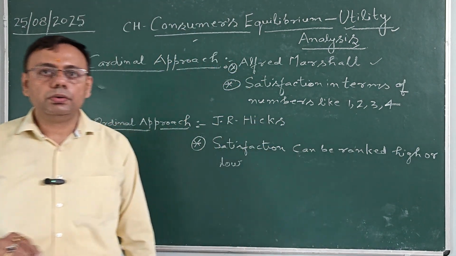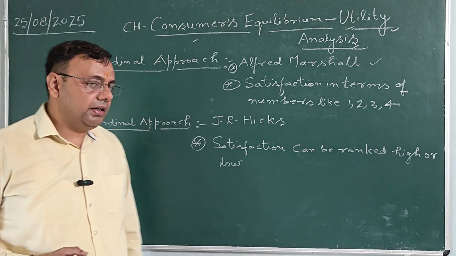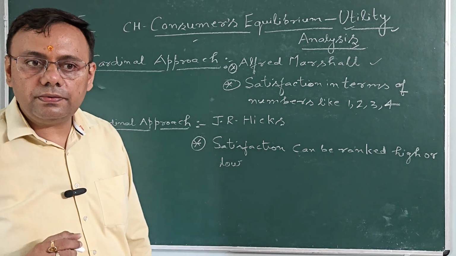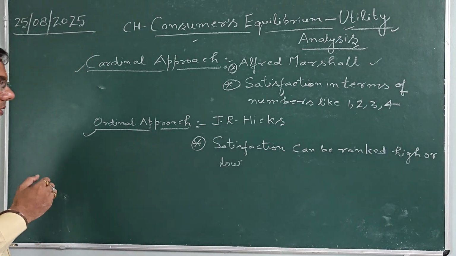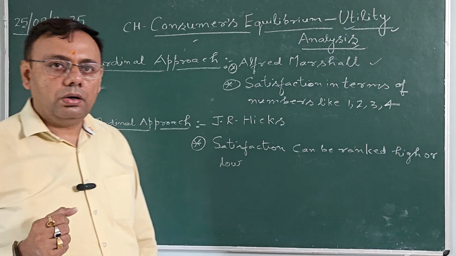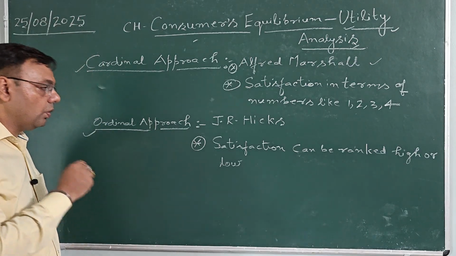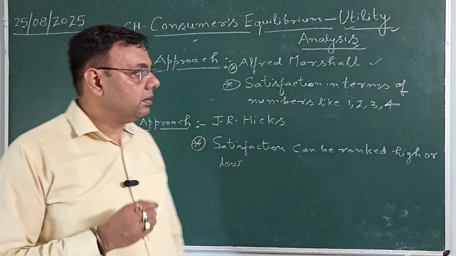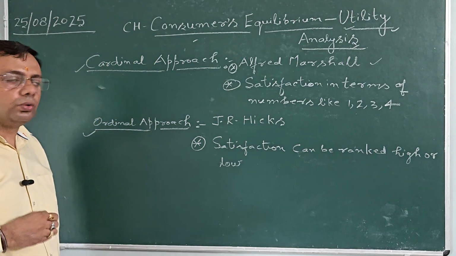We consume 2 cups of tea and we get satisfied. So these are units: 2 units of bread, a cup of coffee, a single unit of coffee. So these are all measuring tools.